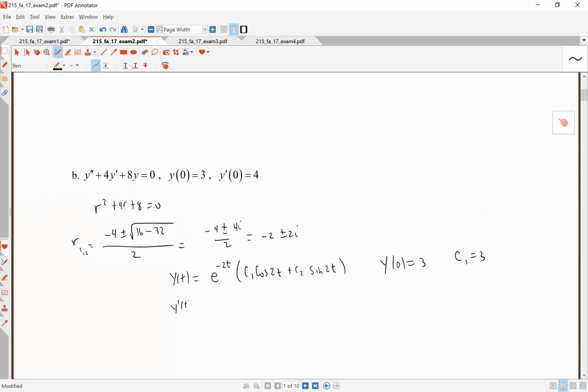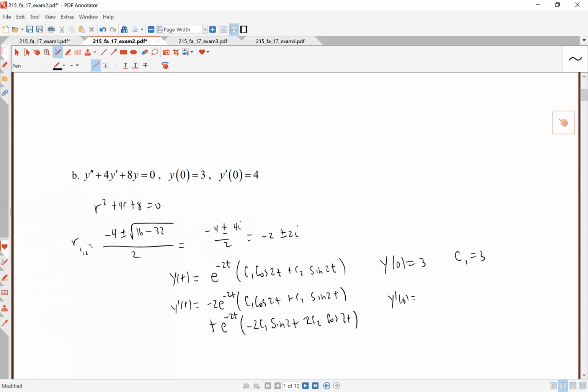Y prime of t is negative 2e to the negative 2t times c1 cosine 2t plus c2 sine 2t, plus e to the negative 2t times negative 2c1 sine 2t plus 2c2 cosine 2t.